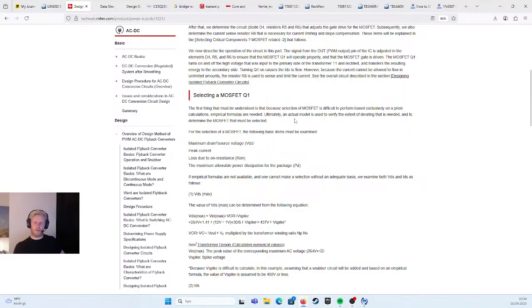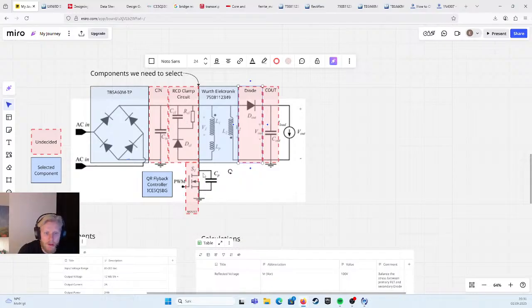The first thing that must be understood is that because selection of MOSFET is difficult to perform based exclusively on a priori calculations, empirical formulas are needed. Ultimately, an actual model is used to verify the extent of the rating that is needed and to determine the MOSFET that must be selected. The following basic items must be examined. Maximum drain to source voltage, which would be here, right?